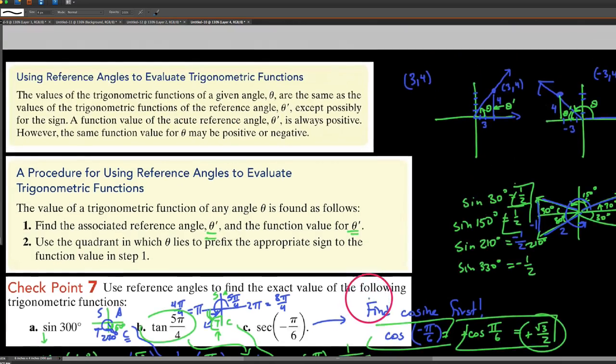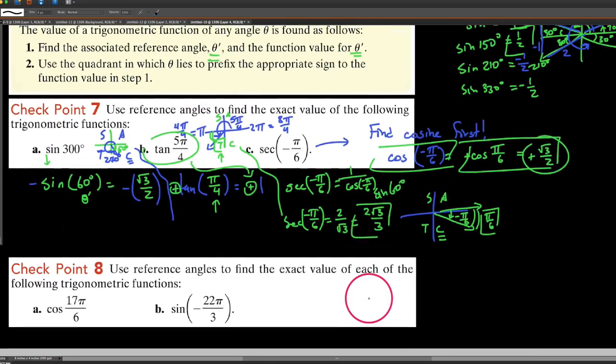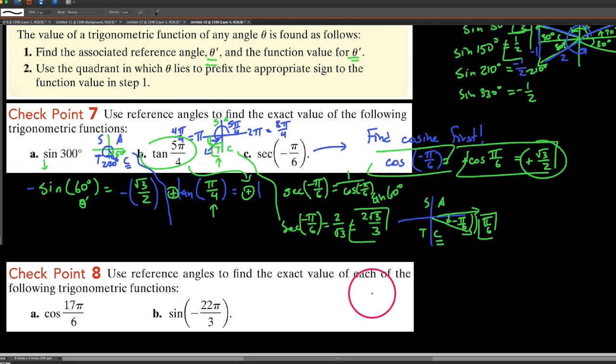As we explore these a little further, we're going to look at some where the angles are well over full 2 pi rotations. For something like cosine of 17 pi over 6, the first thing I would suggest is to find a coterminal angle to 17 pi over 6. We'll subtract off 2 pi, which is 12 pi over 6, with a common denominator of 6.